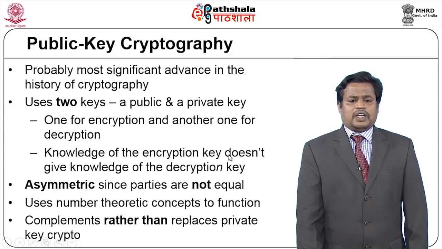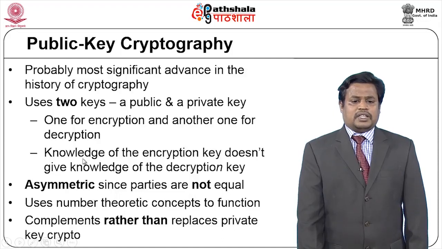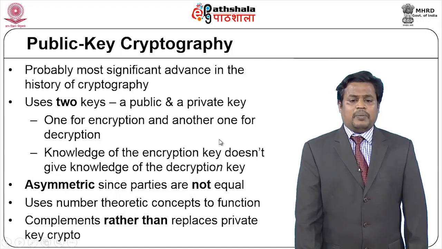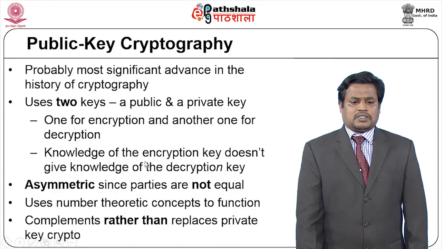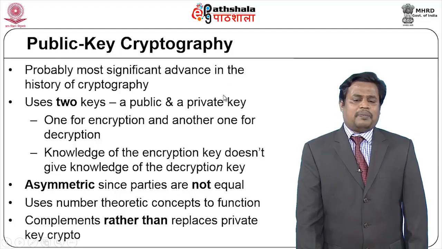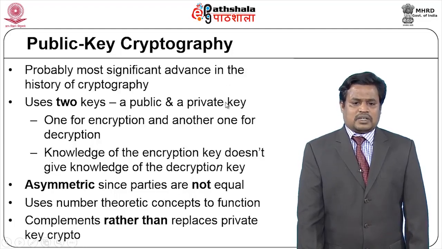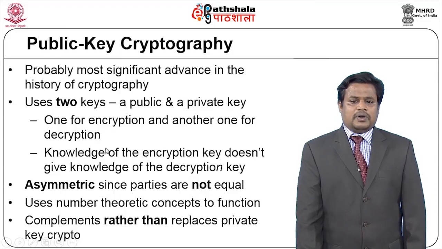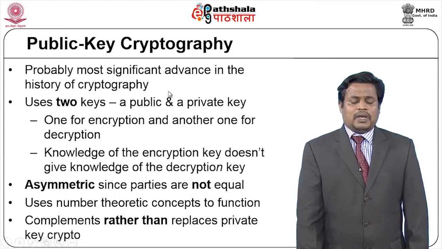Knowledge of the encryption key does not give knowledge of the decryption key. This is the core idea behind the public key cryptosystem. So a person who has the public key cannot derive the private key. That is very, very difficult, and that challenge is what allows the system to survive.